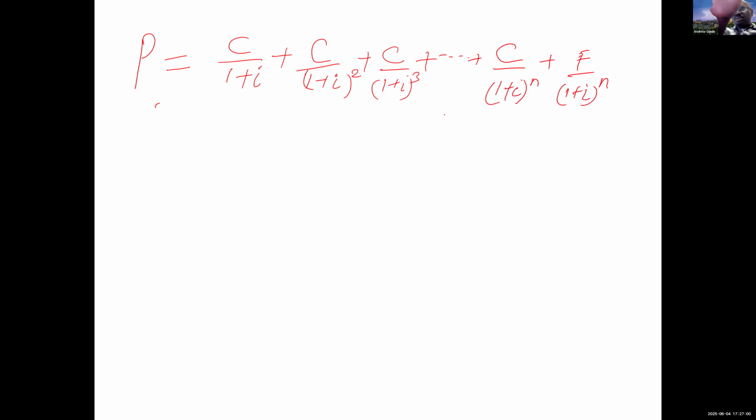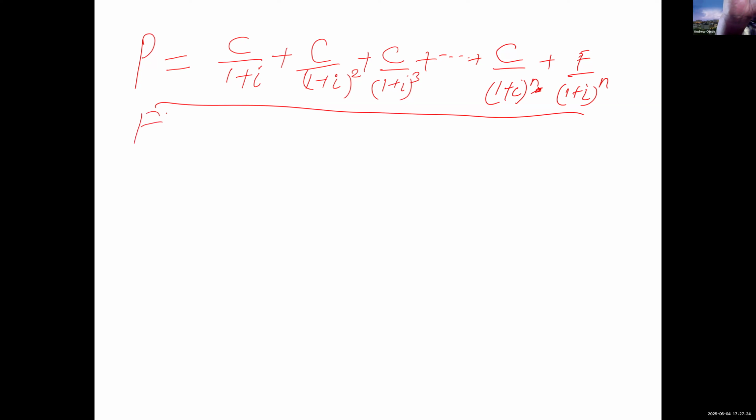This is for a normal coupon bond. But we are saying that a consol pays coupons forever, meaning that there's no end date. Something that pays you forever. If you think about it, the present value of something that is coming very late in the future is almost close to zero. But anyway, that we know.